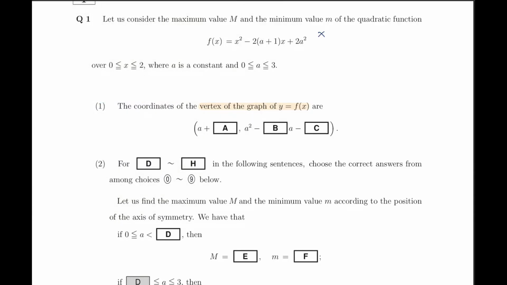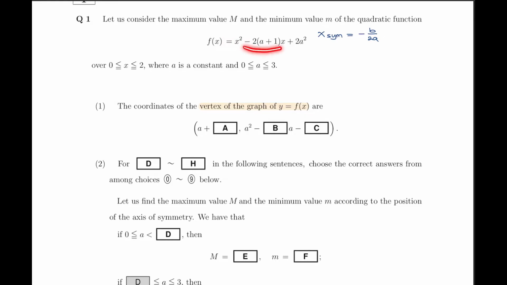So x symmetry, this is the x coordinate of the vertex, equals negative b over 2a. b is the coefficient of x and a is the coefficient of x squared.